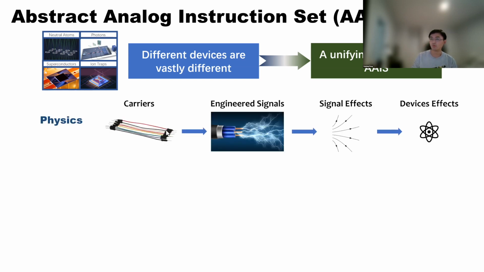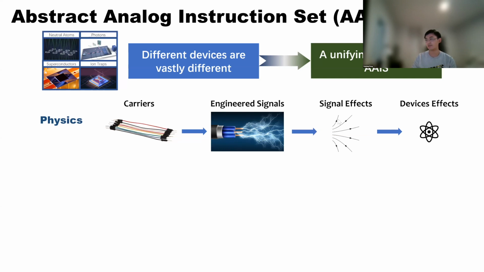So we abstract the common parts of quantum devices in this way. Physically, you can have signal carriers like wires or maybe some FPGA board that you can use to produce and send signals. These carriers can carry several delicately engineered signals, like how the signal is transported through the wires.